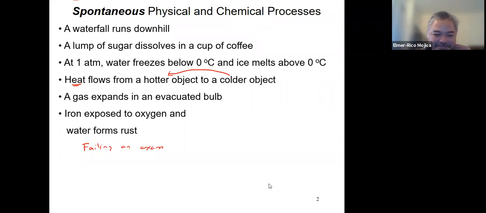If failing an exam is a spontaneous process, I cannot just... I'm trying to look at the poll. Maybe I will just say true or false, but I cannot edit right now, so I just put here, instead of showing you this thing, instead of saying melting point is the same as freezing point, I think I would change that.